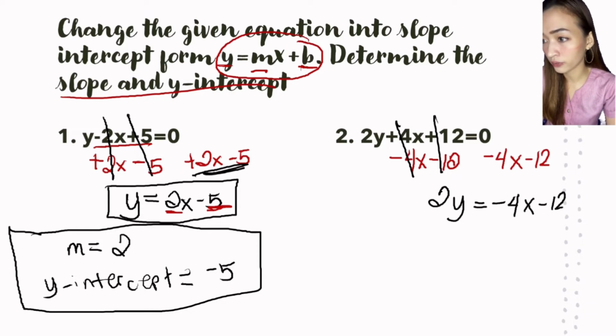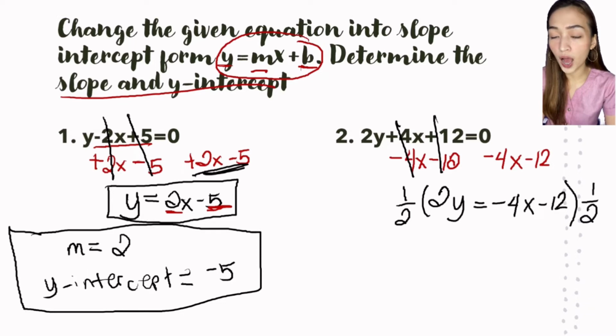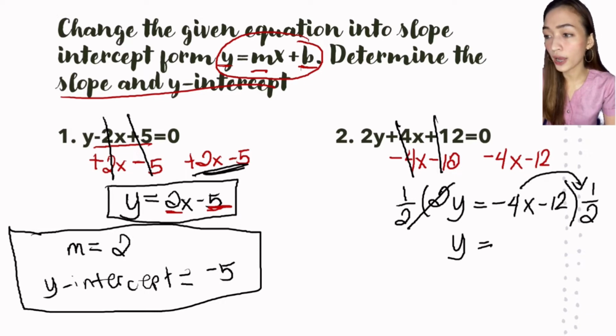minus 12. Okay, so now to get y, we need to multiply both sides by 1/2. So 1/2 times 2y is y, okay, equals, so negative 4x times 1/2 is negative 2x.